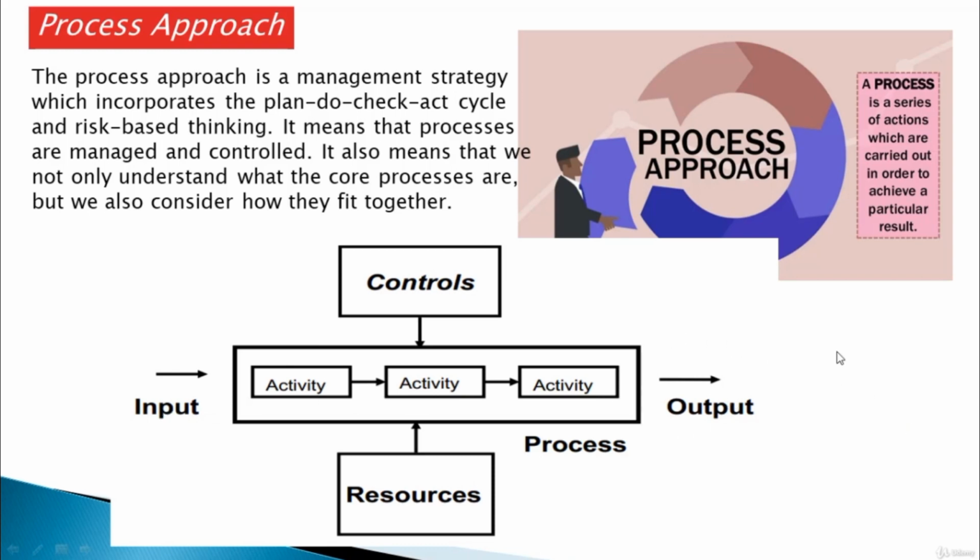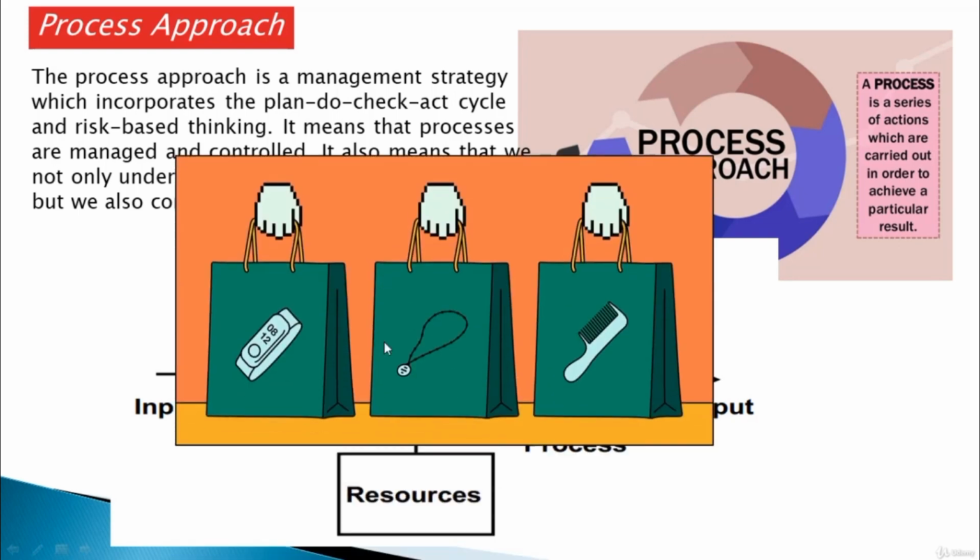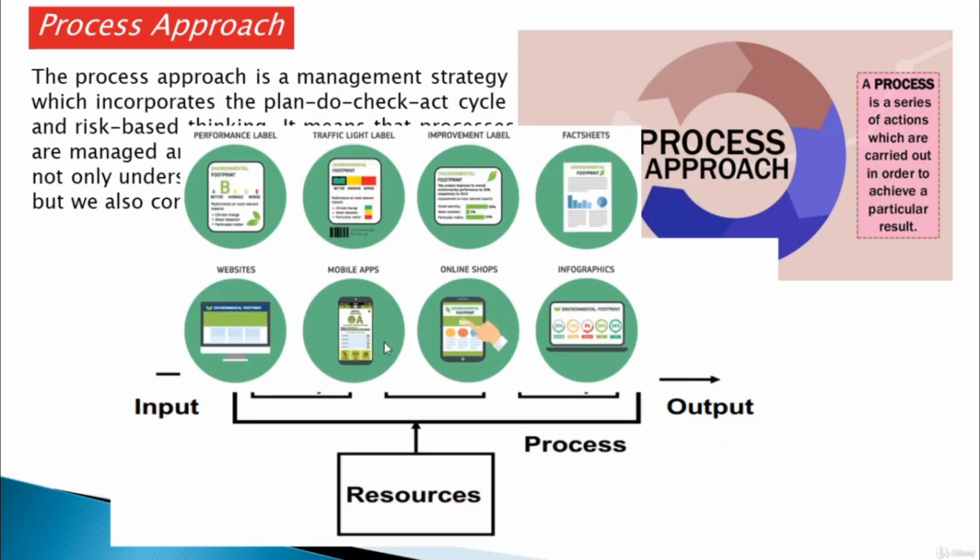Now, inputs and outputs could be virtual or physical. When we say physical, it means anything you can physically touch, like a phone, food or jewelry or anything. Or it could be virtual.